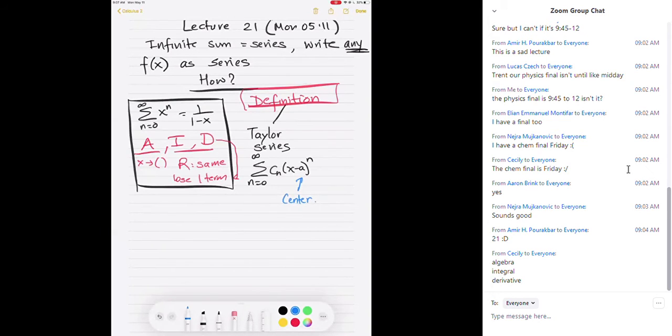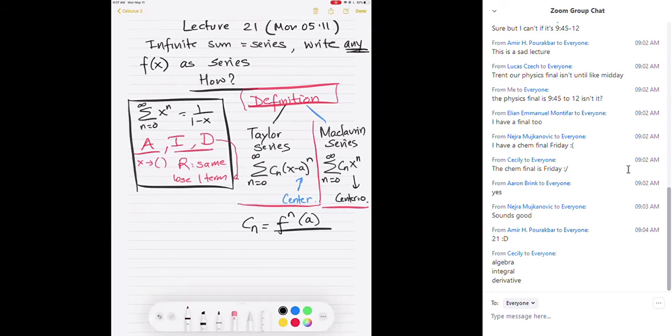And as a Maclaurin series, which is the sum from n equals 0 to infinity of Cn x to the n, where the center is at 0. The question is, in both of these, what are the Cn's? Cn is the nth derivative at the center over n factorial.